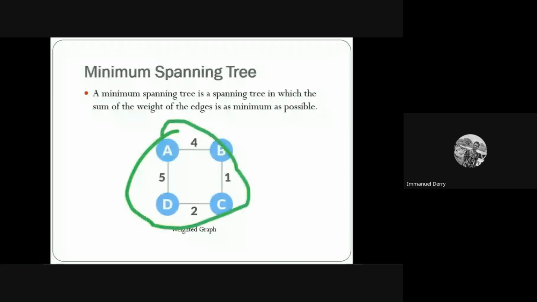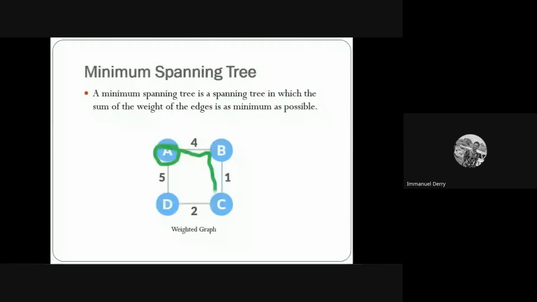And then Elliot said that you start from one of the nodes and then you move in the direction where the weights are quite smaller. But come to think of it, the computer doesn't have eyes to know that from vertex A to B is shorter than A to D. So how would the algorithm be able to know all of this?